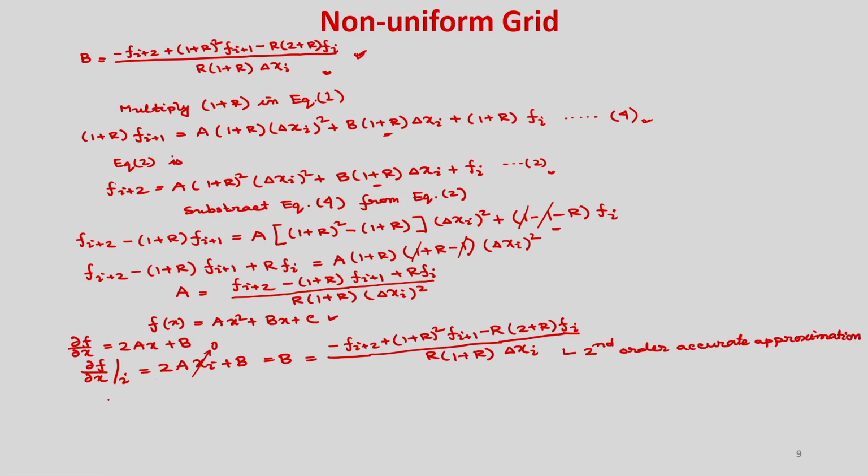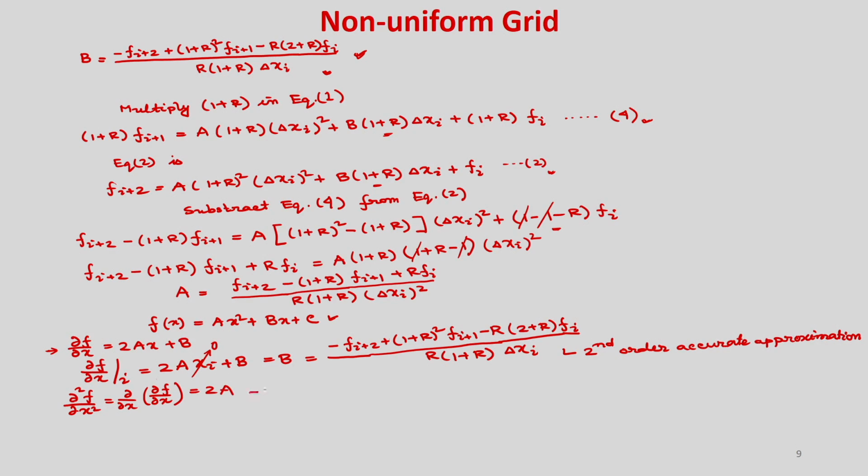Okay. Now, let us find the second derivative. Okay. So, if you find the second derivative, so del 2 f by del x square. Okay. So, you see del f by del x is this. So, if you take another derivative with respect to x, okay, so it is del of del x of del f by del x, you will get twice a. Okay.